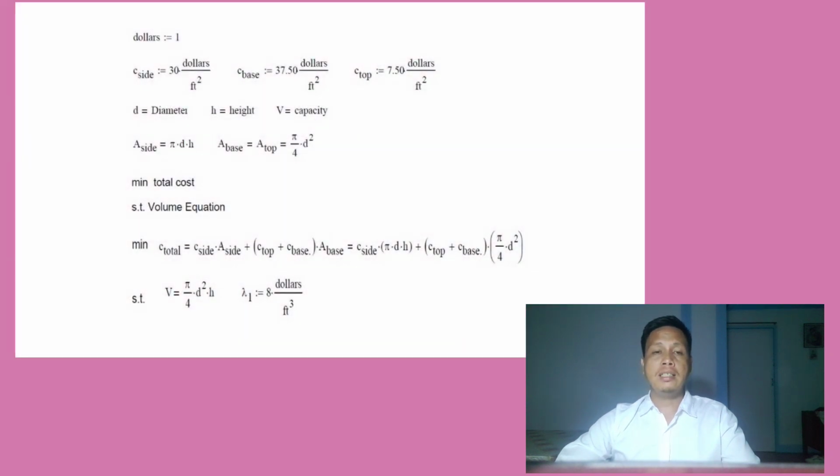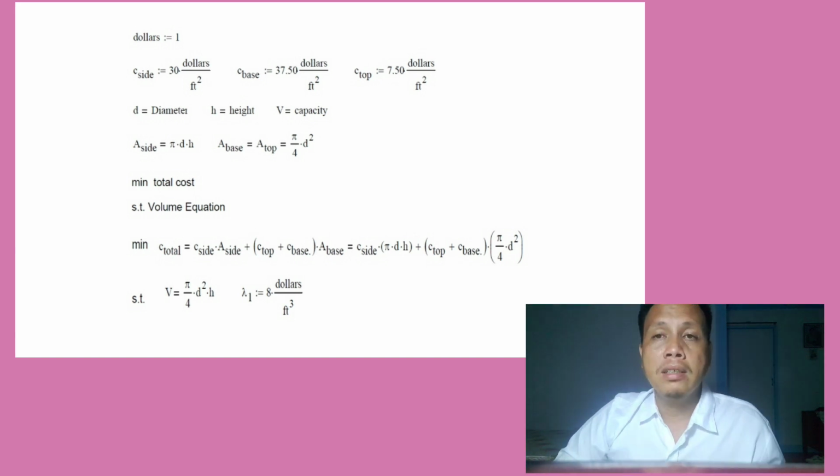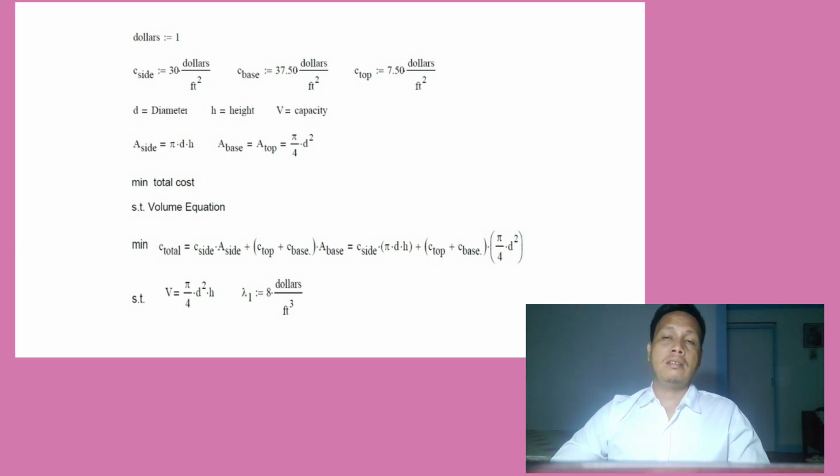So the cost for the side is $30 per square foot. Cost for the base is $37.5 per square foot, and cost for the top is $7.5, which are already given. D is the diameter, H is the height, and V is the capacity.